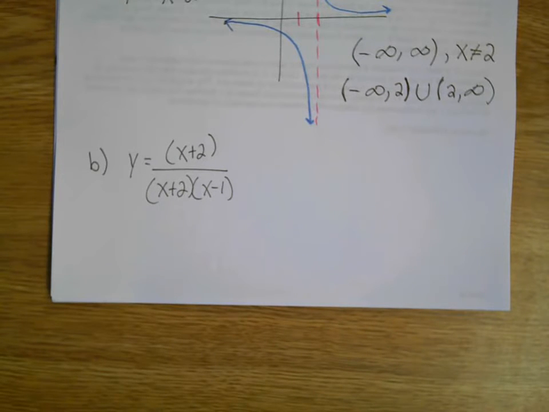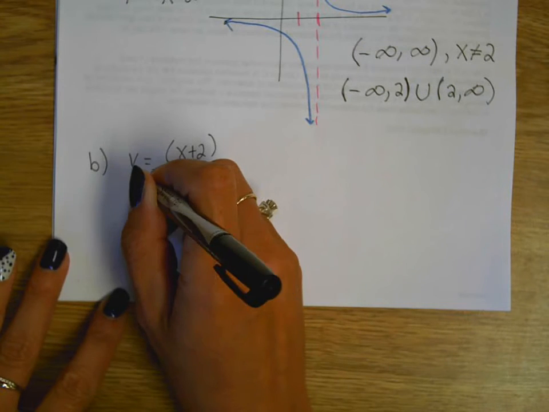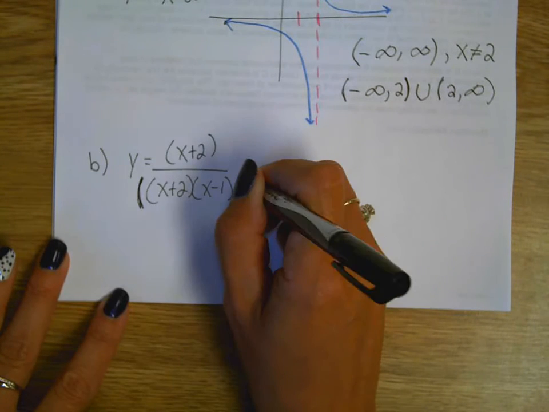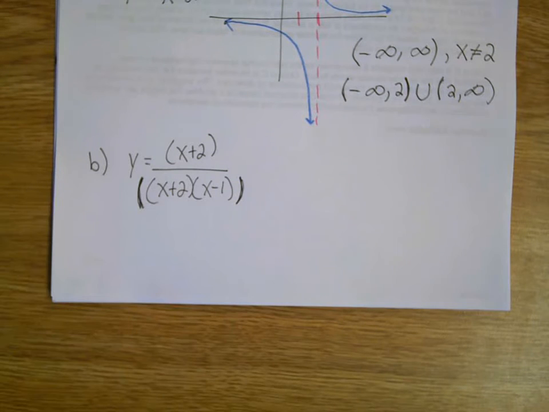So if we graph this, when you type it in your calculator, you will need an extra set of parentheses around this denominator. Graph that.